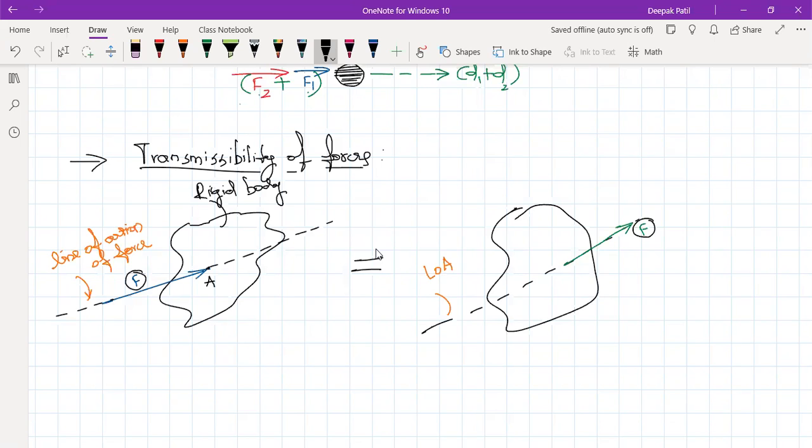In this case, I had applied the force at this point, but in this case, I'm applying the force at this point. Let me say this is point B. Do you agree that both the systems, on the left hand side and on the right hand side, are equal or not? No, sir. Okay, anybody who wants to say no?